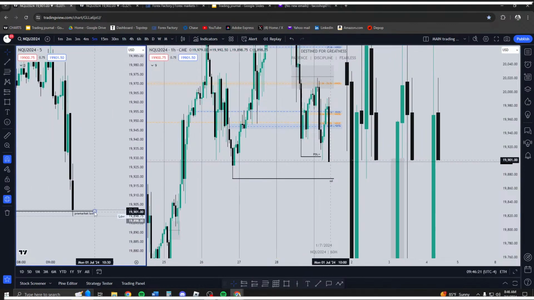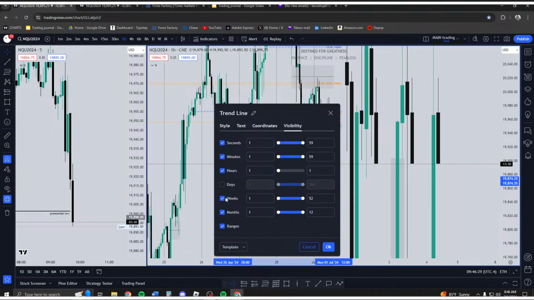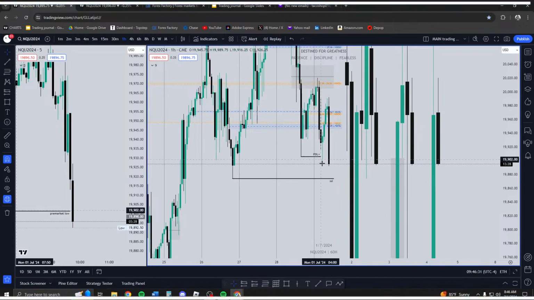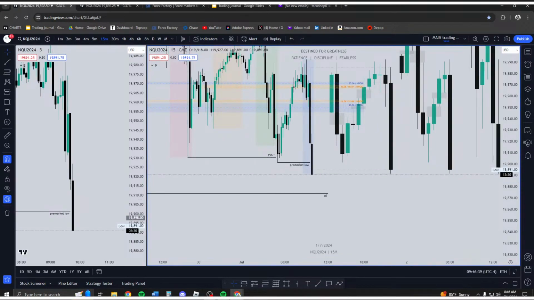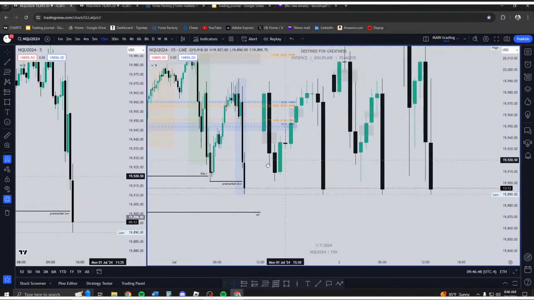So we just ran out, we just took previous pre-market lows. We are seeing a significant sell-off here on NQ, and we are wondering, will ES start to catch up?